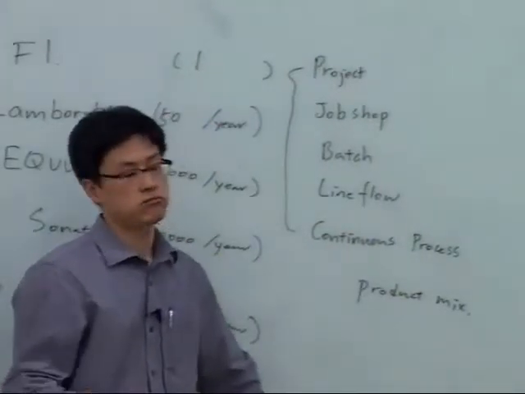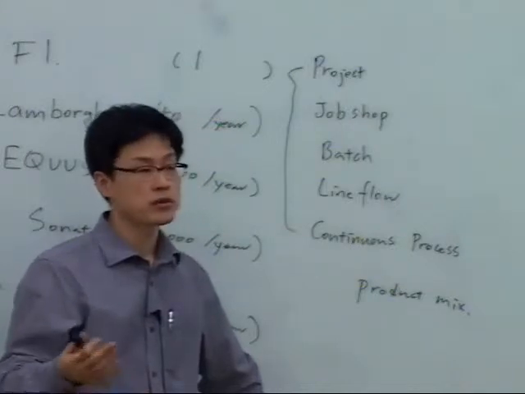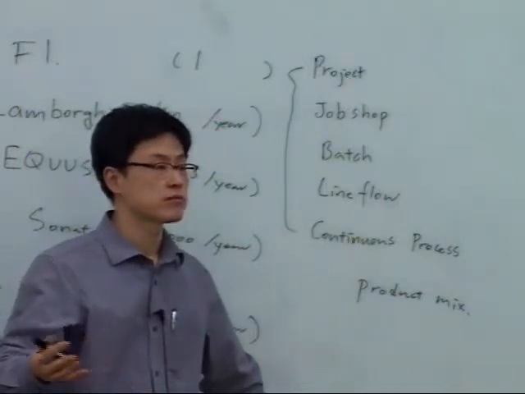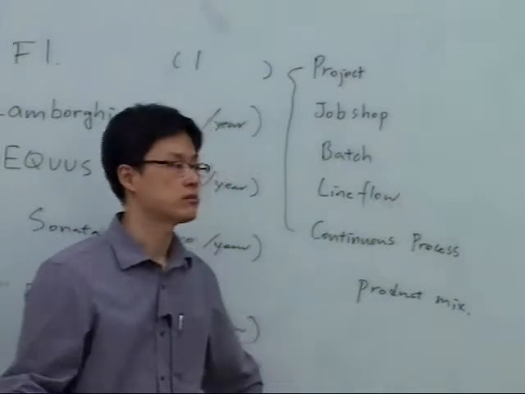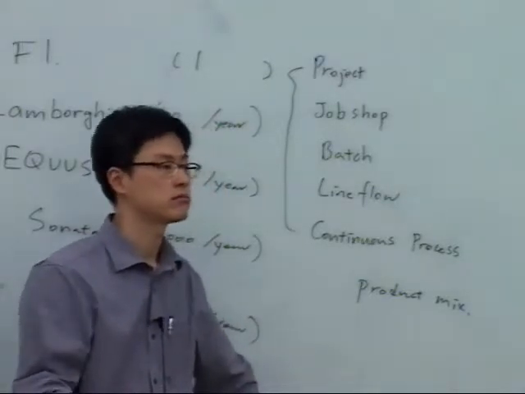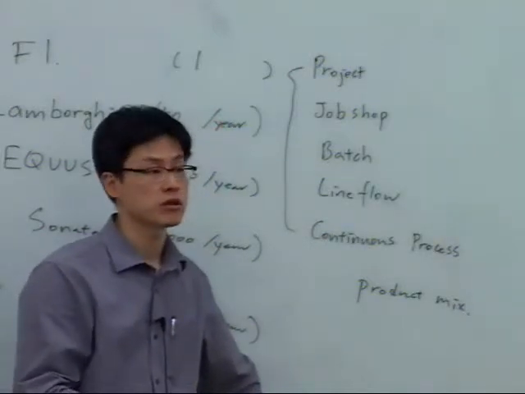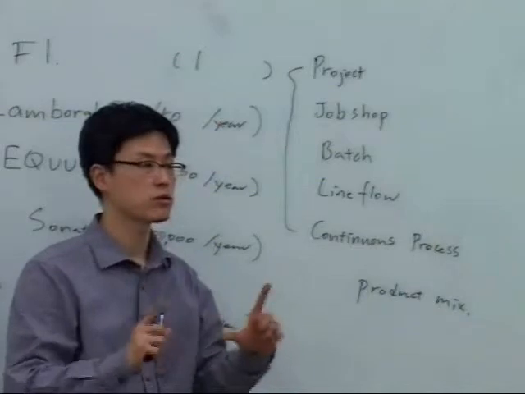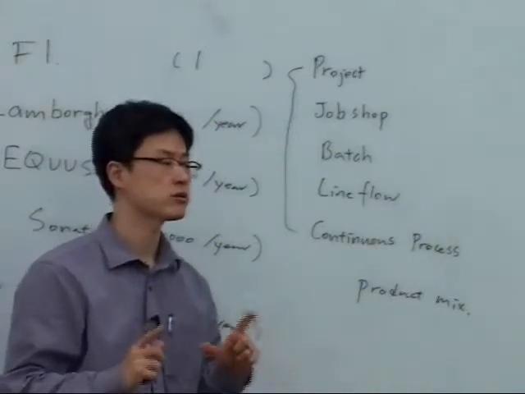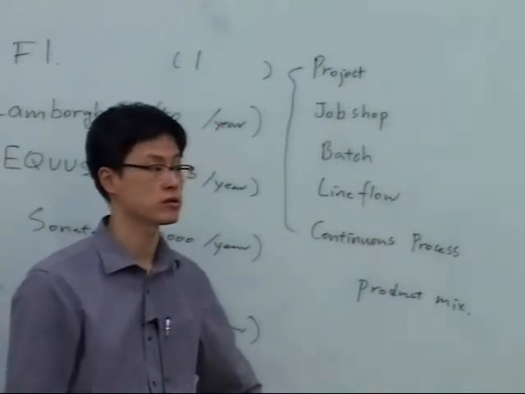For example, in our shipyard, 30% we produce container ships, 20% we produce oil tankers, and the rest we produce drilling ships or something like that. The result of that strategic planning is the product mix, what we are going to produce.